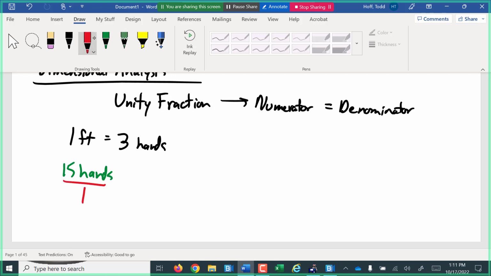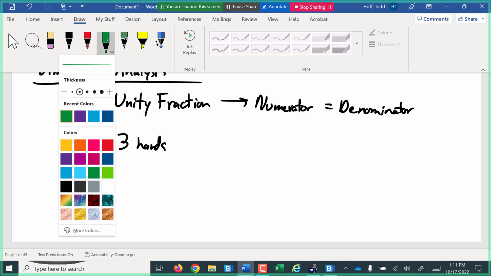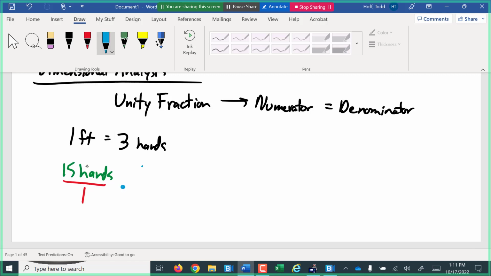So I put that over 1 to make it a fraction. And then in my conversion factor here, my unity fraction, I put what I'm getting rid of on bottom. If I put hands down on bottom, they're going to cancel out now. And we know that 3 hands equals 1 foot. So 1 foot goes on top.